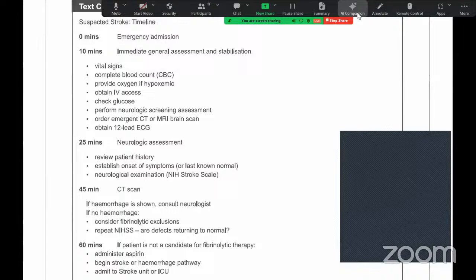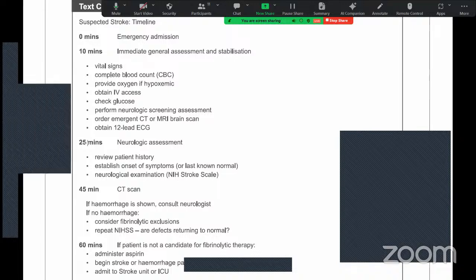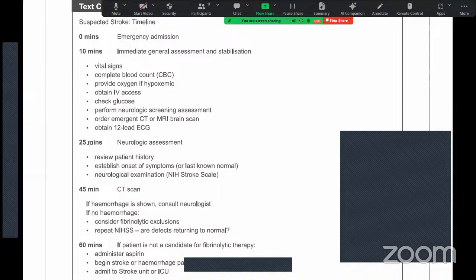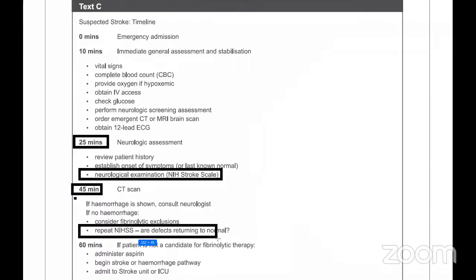Already given. See here. So this answer will be found in two places. At the 25th minute, you will do neurological examination, that is NIH stroke scale. Then again at 45 minutes, you will repeat NIHSS.